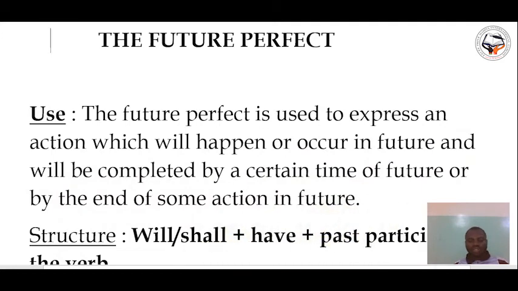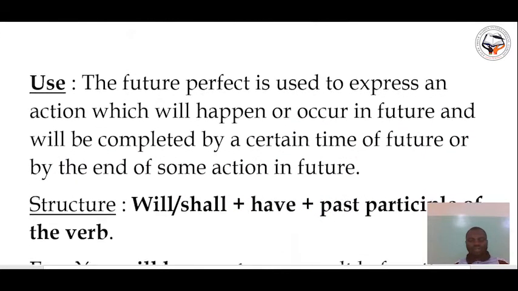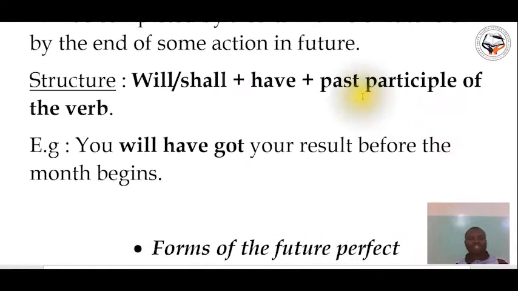Let's see the structure of the future perfect. To form the future perfect, you take will or shall. Remember here that shall is only used for the first person of the singular and the first person of the plural. That is to say, shall is used for I and we.